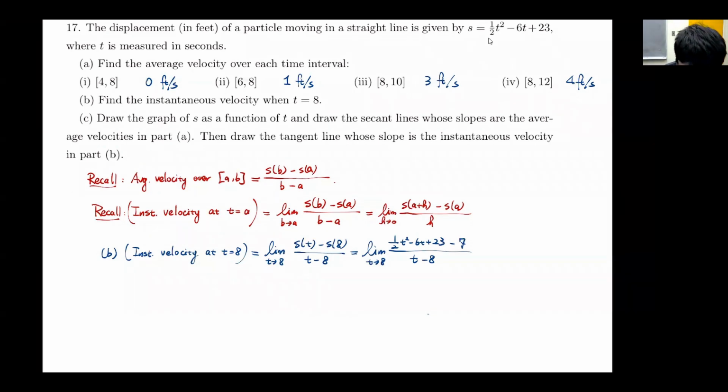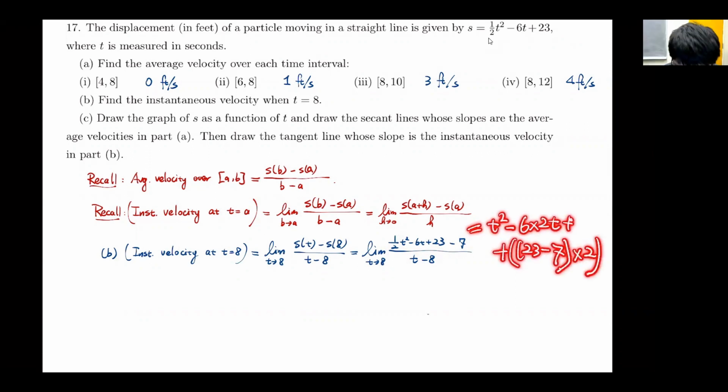Okay, so to simplify the fraction, let me get rid of this 1/2 factor by multiplying everywhere on top and on the bottom by a 2. Then the bottom becomes 2 times t minus 8, and the top is going to be t squared minus 6 times 2t plus 23 minus 7, this whole thing times 2.